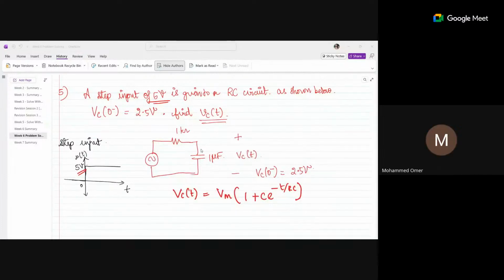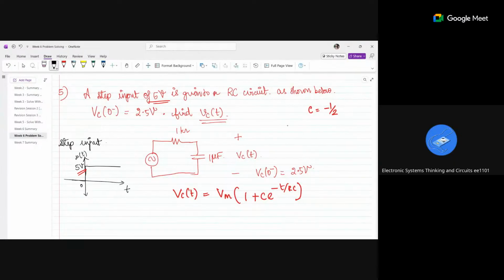Sorry, minus 1 by 2. Yes, it's minus 1 by 2. Okay, C is equal to minus 1 by 2. But capacitance is given, na, 1 microfarad.